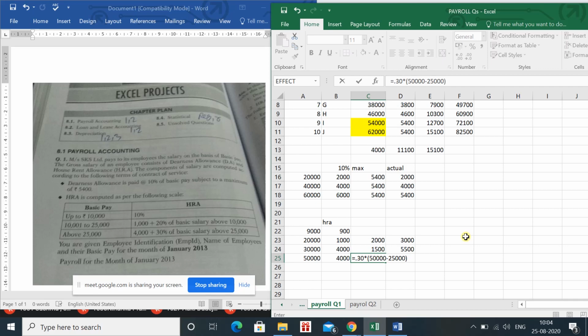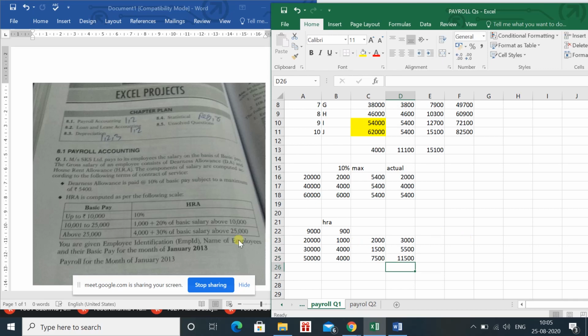So 30% of the amount which is in excess of 25,000 plus 4,000, the total of these two will be given to the employees as HRA. So just press enter. So you will add these two values. So this will be the HRA.